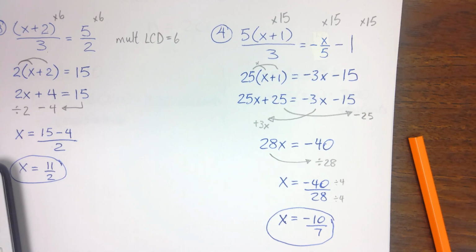Okay. And then Claire, what was your mistake? I said 7 over 10. Yeah, you said negative 7 over 10, but this is negative 10 over 7. That's why I said you're very close. And then I was thinking, how did you get 7 over 10?